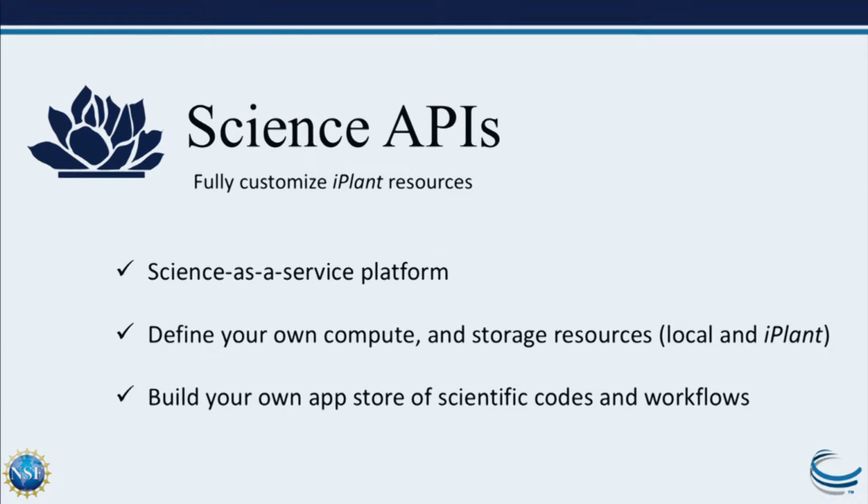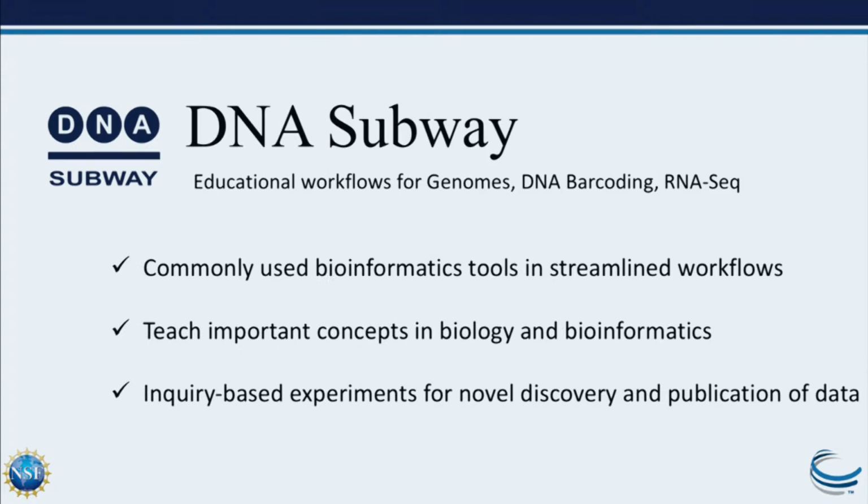The science APIs, primarily Agave, we won't be showing, but this is an example of how power users are able to go in and directly exercise, extend, and use our infrastructure. DNA Subway is for the classroom. If you're interested in teaching and bringing bioinformatics into the classroom, you can use DNA Subway for that.